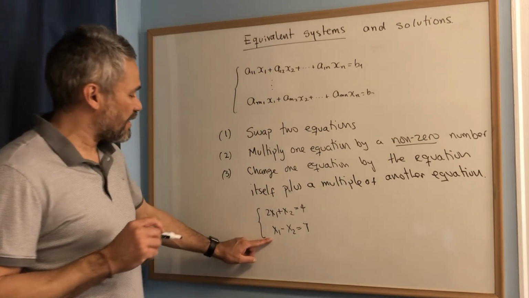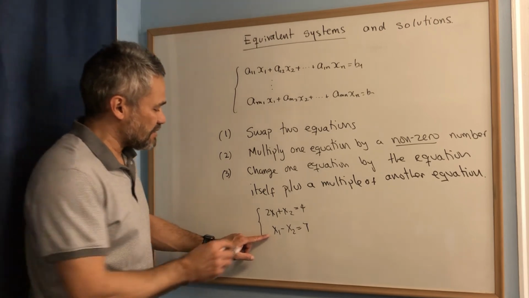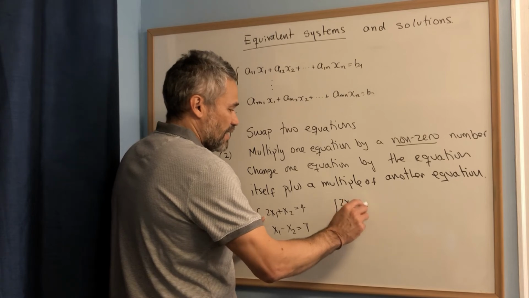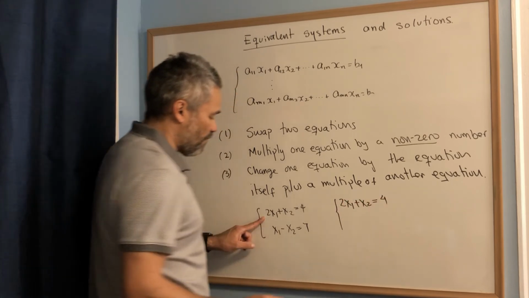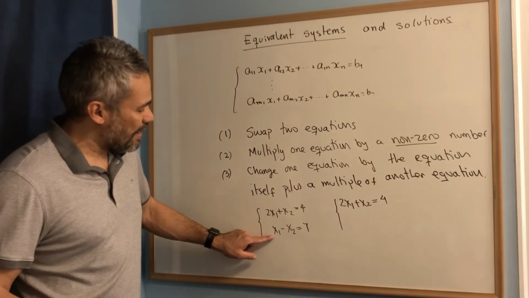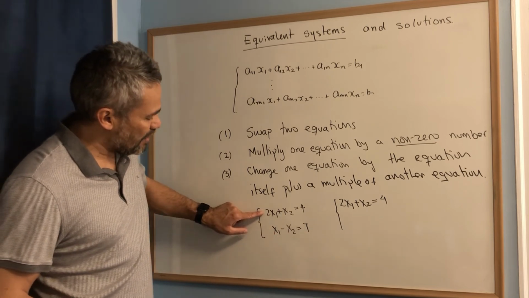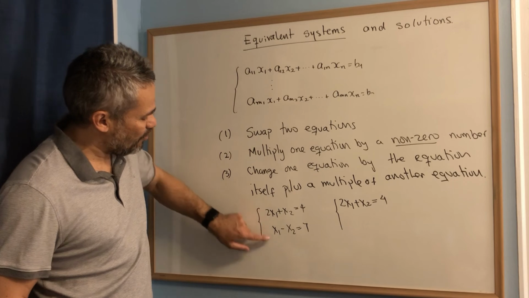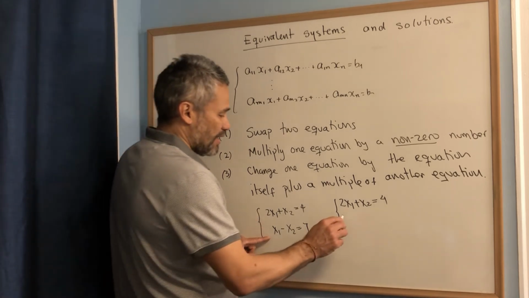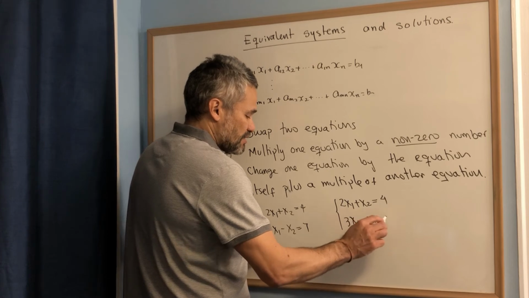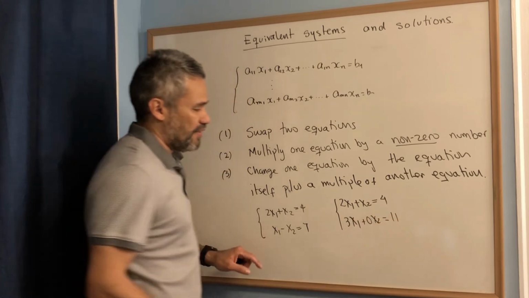Then something that I can do, I can just keep the same equation on top, 2x1 plus x2 equal 4, and I can change this by the same equation plus a multiple, but this time I'm going to keep just 1, then it will be just the sum of the two. Then I will get 3x1 plus 0x2 equal 11.